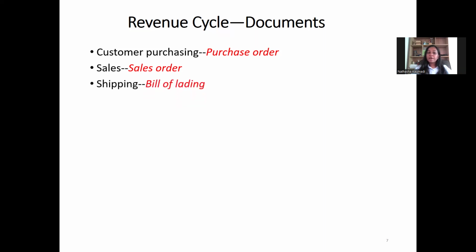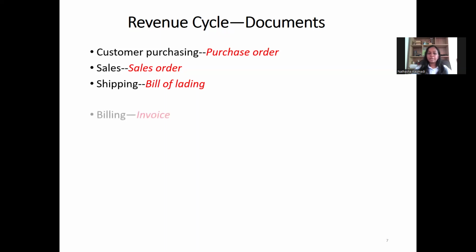For shipping, we have the bill of lading. What do you mean by that? Maybe the ship or the courier is issuing a document called a bill of lading, ensuring that they have received the cargo to be shipped. They have received the stock to be shipped.